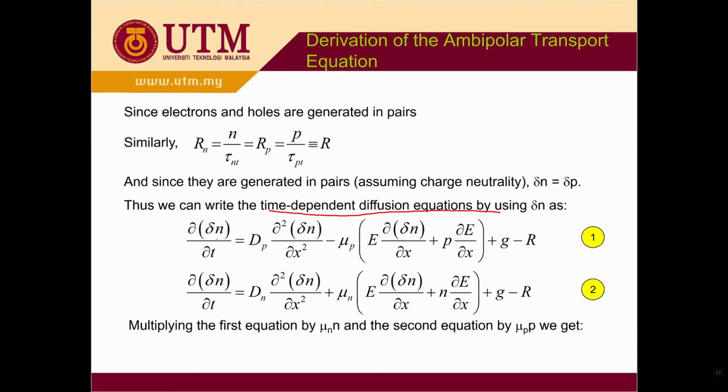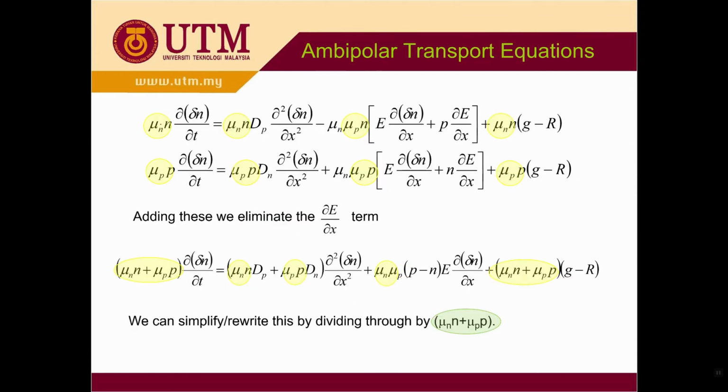We are just changing the components inside to all be delta N. Then we multiply the first equation with mu N, and the second equation with mu P. We can see that on the next slide. So we multiply all these equations here.